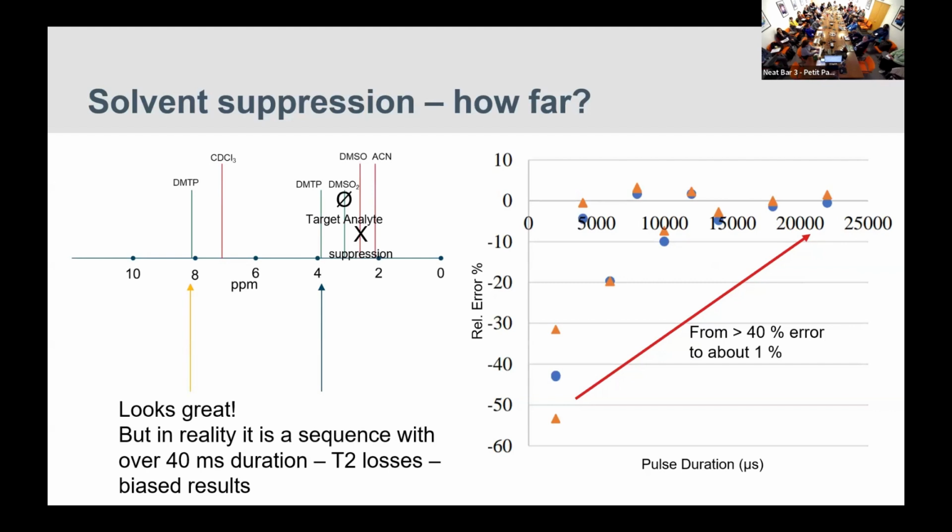So when we have a very, very long pulse, we have very, very accurate results, which looks really great, but then you have a 40 millisecond pulse, which obviously leads to T2 losses and then biased results because you're losing magnetization via relaxation. So that's the problem with the excitation sculpting using the Shaka sequence.